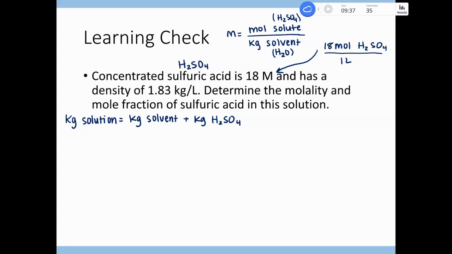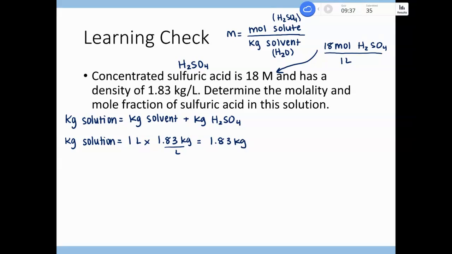So kilograms of solution will take 1 liter, multiply by the density, and that will give us the kilograms. So 1 liter times density, 1.83 kilograms per liter. So 1.83 kilograms of the solution. 1 liter solution weighs 1.83 kilograms. So we've calculated kilograms of solution.